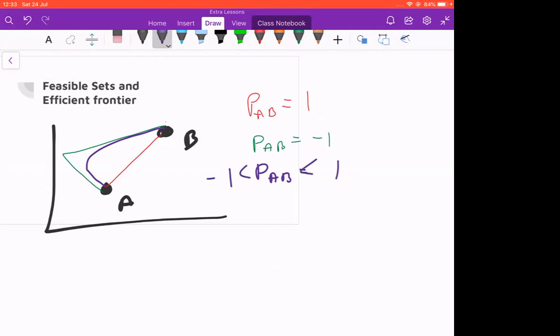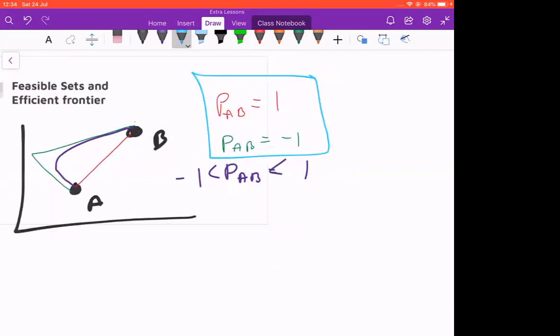Normally when you think about feasible sets, in reality it's quite rare to find that assets are perfectly correlated or have a perfect negative correlation. So when they ask you to draw a feasible set, normally you can just draw it like this because it's the generic one.